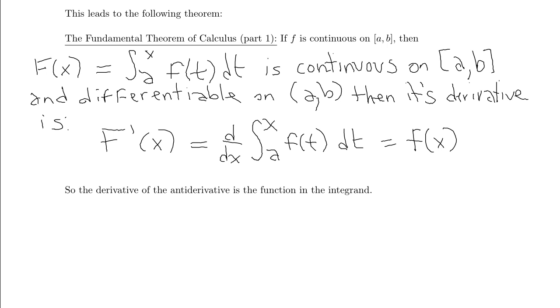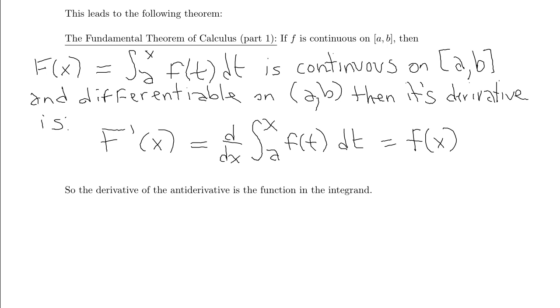We took the derivative of an antiderivative and got back the original function. It's this inverse relationship that's making this happen, just like when we took sine of sine inverse of x, we just got x. It's the same sort of idea here. We're taking the derivative of the antiderivative of this f of x function and just getting back f of x. So that's maybe a trick on how you can think about it.